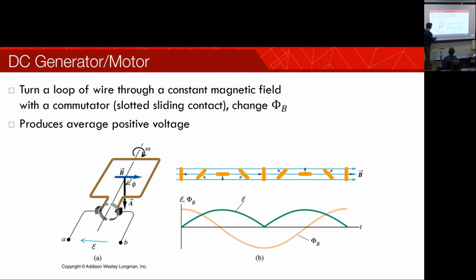But now, let's take this entire yellow wire and start rotating it. Okay, so this yellow wire here is rotating like this. But now, when it rotates just a little bit further, the two ends of the yellow wire jump contacts. So now this yellow wire is connected to this side of the circuit, and this yellow wire is connected to this side of the circuit.